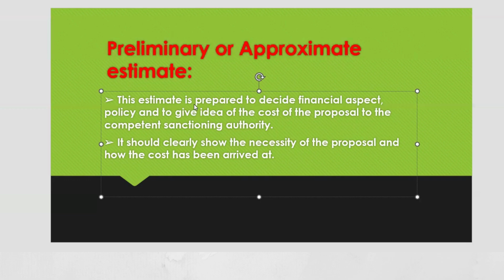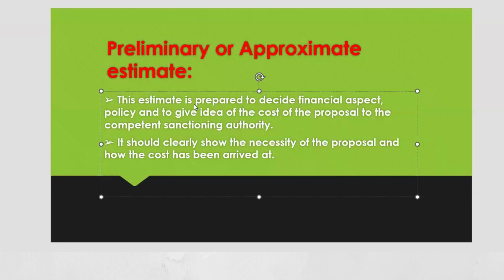You need to consider all those things and anticipate a certain amount, and that is nothing but a preliminary estimate, which you have to present in front of the competent sanctioning authority so that your project will get sanctioned and the rest of the work will be easier for you or whoever may be the owner or whoever wants to construct a building.